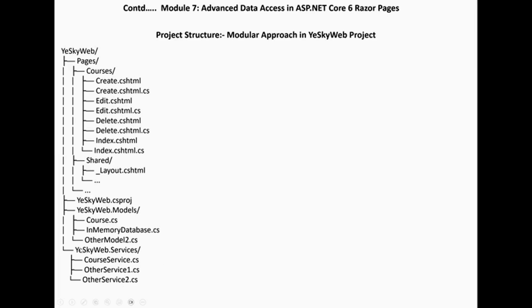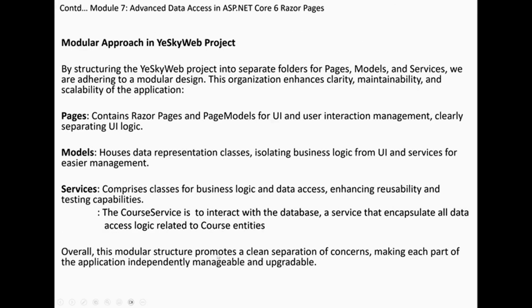So course.cs is now placed under SkyWeb.Models. And also we have the service part, the SkyWeb.Services folder, where all the services will be placed. For now, the course service is under this Services folder, but later we will have comment services and other forum services. But for now, let's focus on the course services.